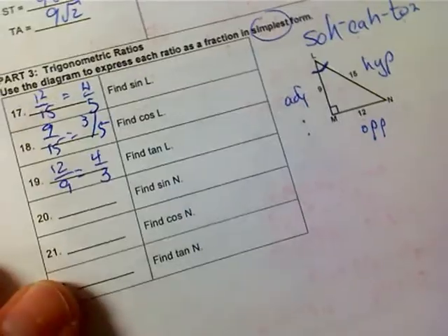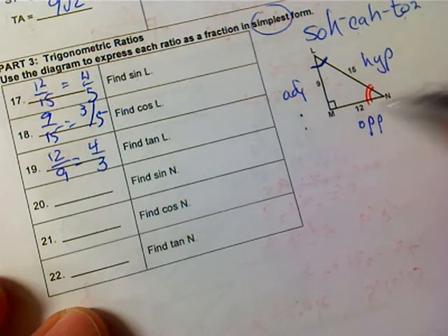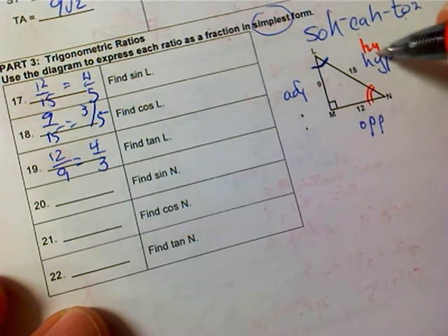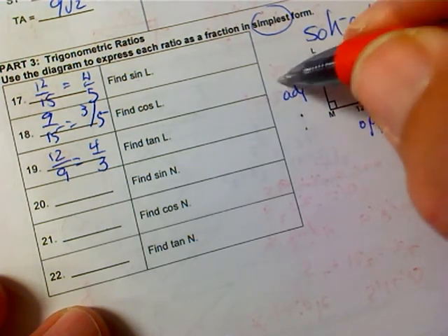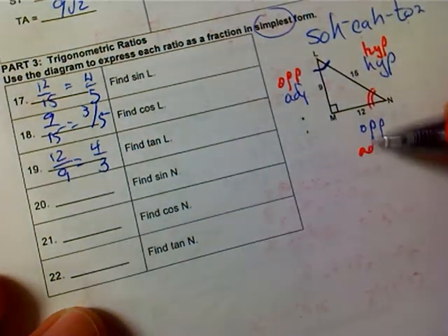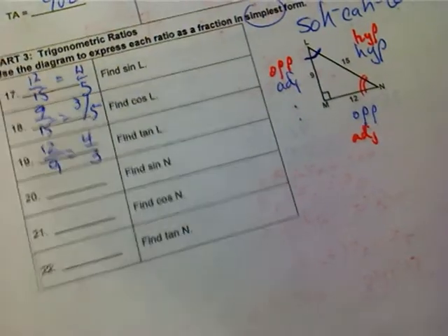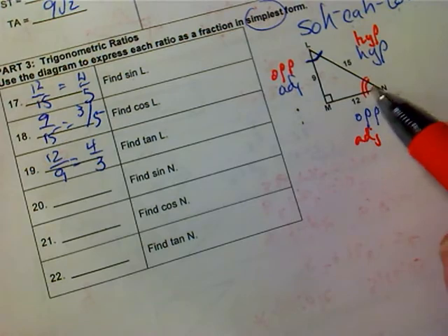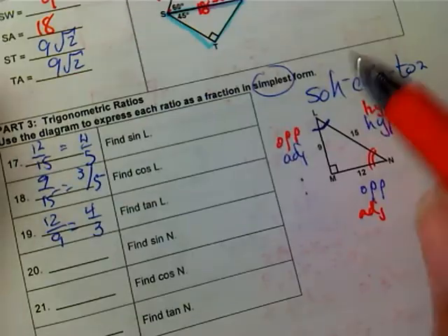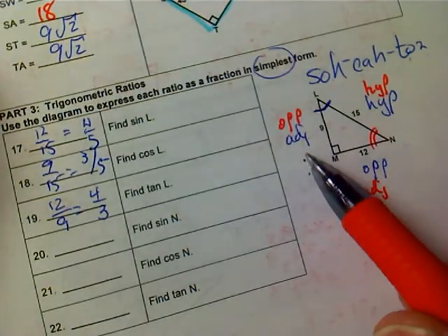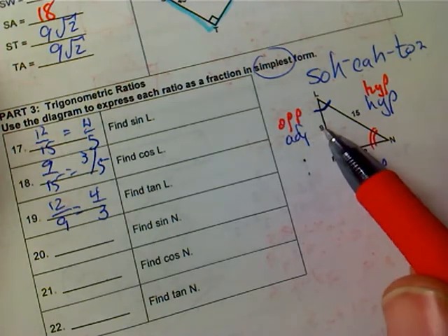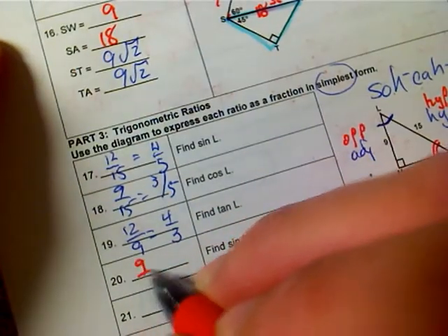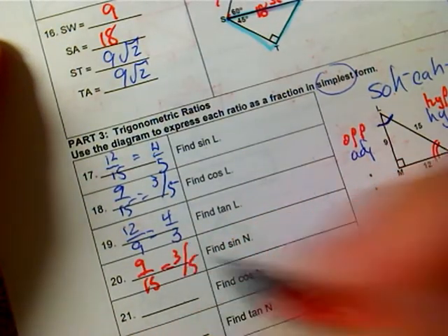Now, if instead I want to look at things from this perspective down here, this side is still the hypotenuse, but now this side is the opposite, and this side is the adjacent. So you got to be careful with that. And so the sine of n, the sine is opposite over hypotenuse. So the opposite is 9 over 15, which reduces to 3/5.